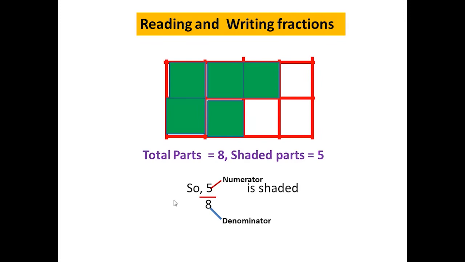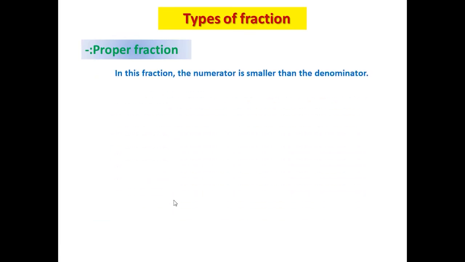Now, let's see the types of fraction. Proper fraction. In this fraction, the numerator is smaller than the denominator. Let's see one example. See here, in these fractions, the numerator is smaller than the denominator. So 2, 7 and 4 are smaller than 5, 16 and 39.